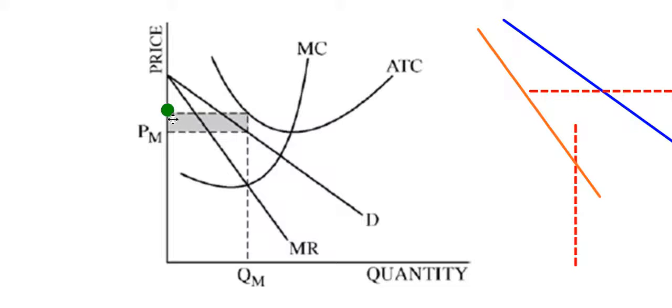Have it somewhere in this part, but over and above your price. And then when you draw up to the average cost curve from your price on the demand curve, and you draw in your quantity produced, this rectangle right here is going to be your shaded-in area of loss.